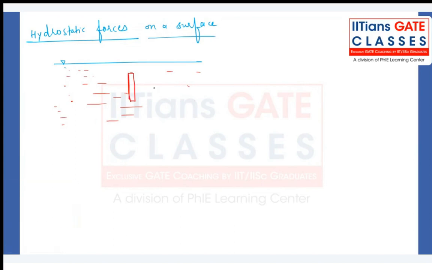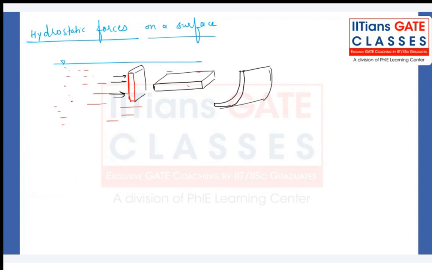There can be a horizontal plate, there can be a curved surface also, right? Of course I'm drawing a 2D figure, there might be a 3D figure like this, right? Something like that. Now, definitely some hydrostatic forces will be acting throughout this.